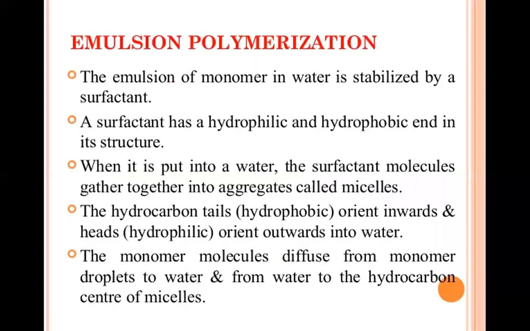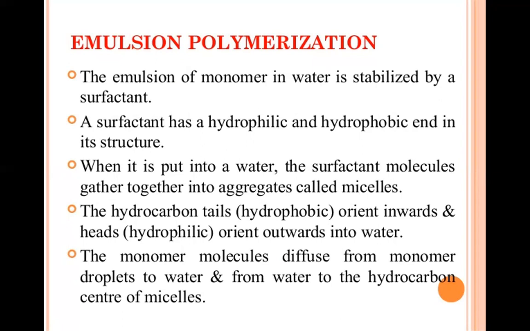See here. The surfactant has a hydrophilic and a hydrophobic end in its structure. When it is put into water, the surfactant molecules gather together into aggregates called micelles. That means aggregation of the surfactant molecules takes place.